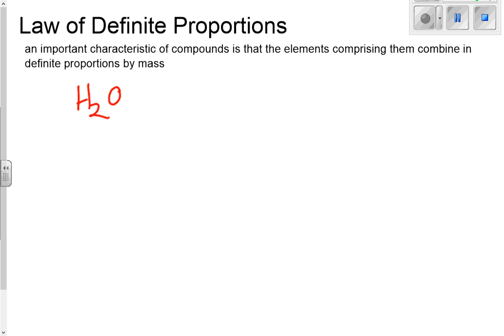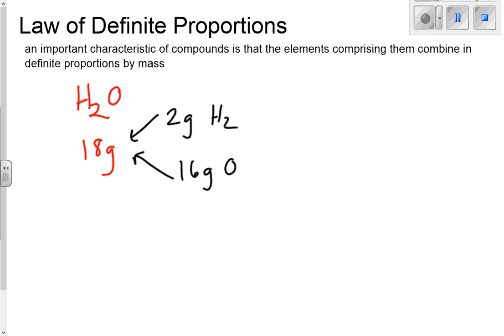So for example, if you had an 18-gram sample of water, 2 grams of that is hydrogen, and 16 grams of that is oxygen. Okay.